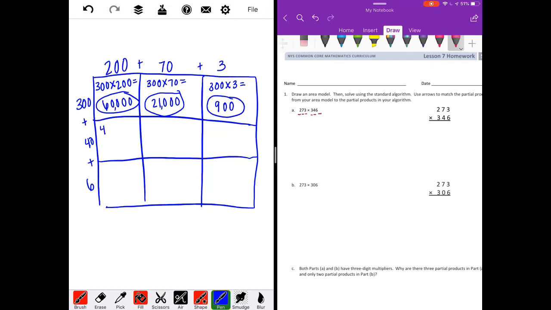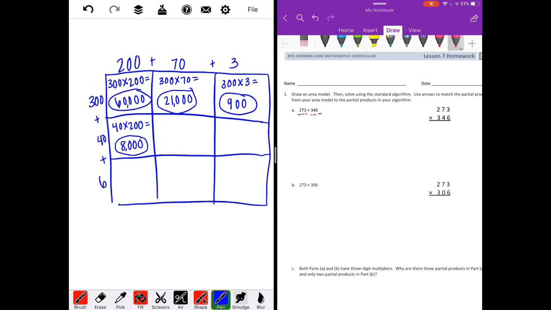Then we have 40 times 200. It's equal to 8,000. 40 times 70 is equal to 2,800. And 40 times 3 is equal to 120.